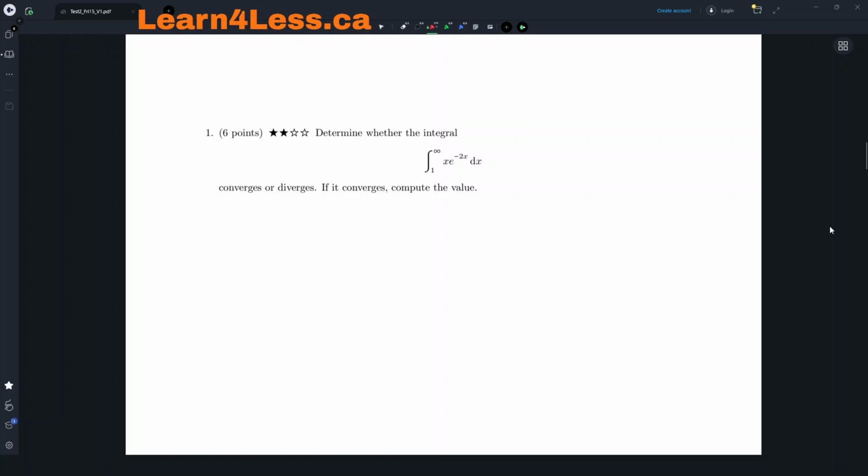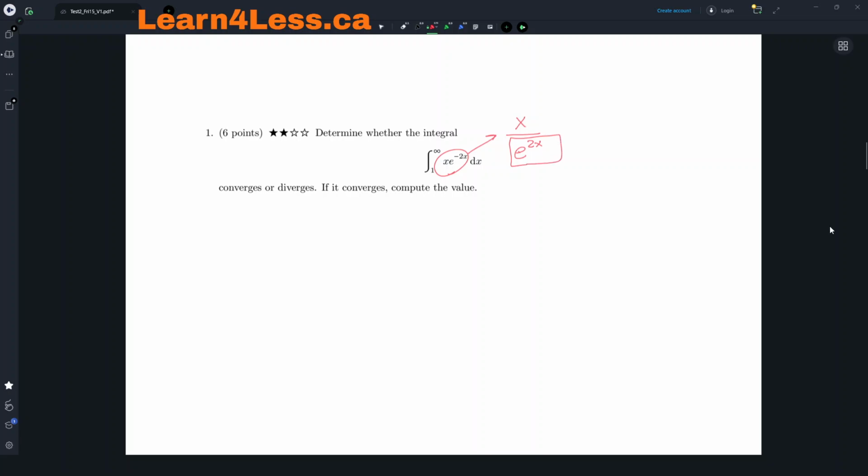So for example, here, the only point that it might not be defined is when the denominator of that is 0. The denominator here is, okay, let's just rewrite that. Instead of x multiplied by e to the power of negative 2x, we can write that as x over e to the power of 2x. This would be undefined if the denominator is 0.